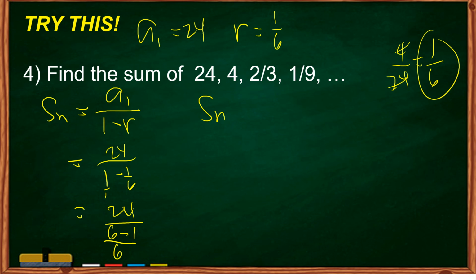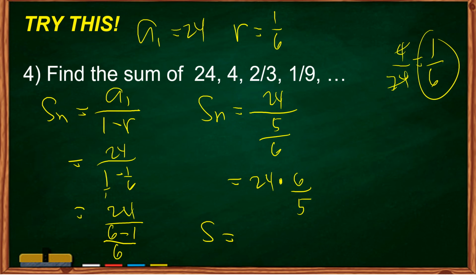So we are given S of n equals 24 over 6 minus 1 is 5 divided by 6. Copy 24 and then multiply it by the reciprocal of 5 over 6, which is 6 over 5.